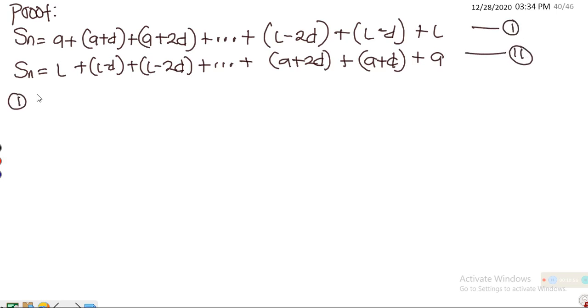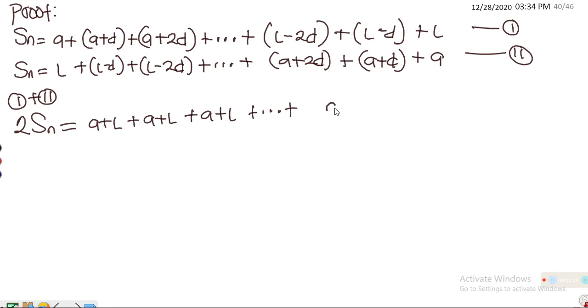So if you add equation 1 and 2 together, we have 2Sn equals A plus L. Here, d will cancel d, we have A plus L. Here, d will cancel d, we have A plus L. So you continue like that to here, you still have A plus L plus A plus L plus A plus L. Okay, so if you add it up to n, you have n into (A plus L).